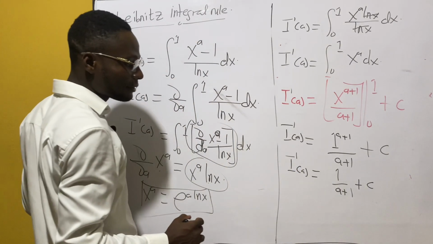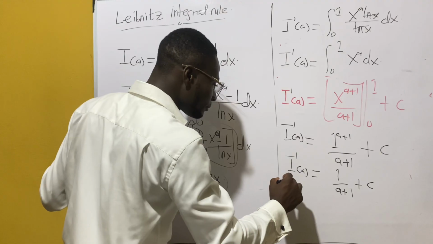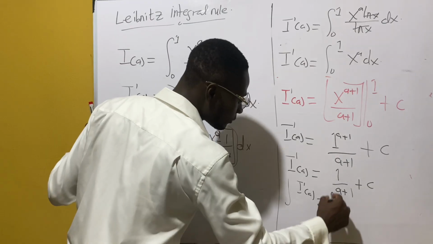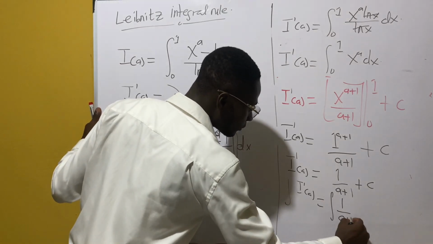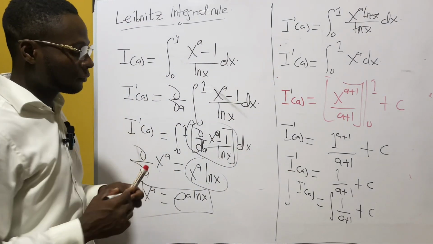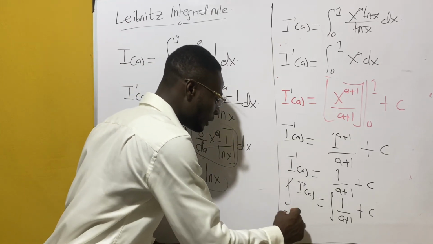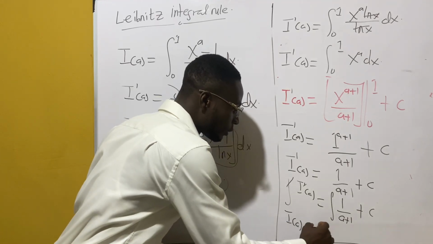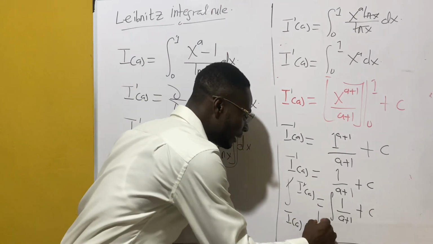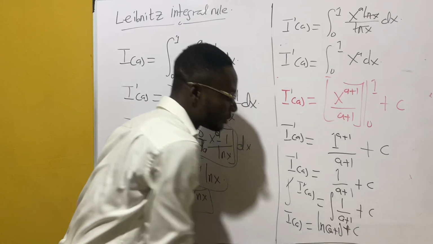Integrating both sides, we have I of a equal to the integral of 1 over a + 1, which is ln(a + 1) plus our constant of integration.